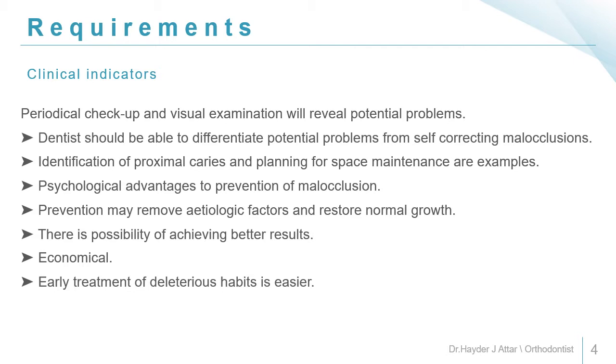The first requirement is the clinical diagnosis and the clinical procedures taken for the success of preventive orthodontics. The clinical procedures need cooperation from the patient by making a periodical checkup and visual examination at least every 6 months, and in this case the dentist should be able to differentiate between a potential problem and a self-correcting condition in the development of the occlusion.